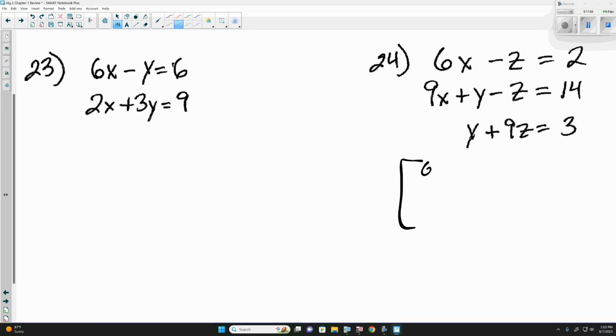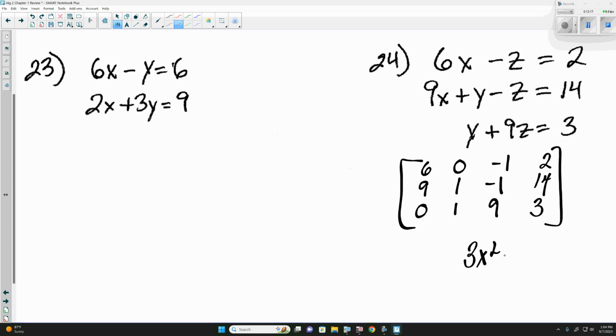So the first row would be 6, 0 for y, negative 1, 2. The next one would be 9 for x, 1 for y, negative 1 for z, and 14. And the last one would be 0 for x because we don't have an x, 1 for y, 9 for z, and 3.